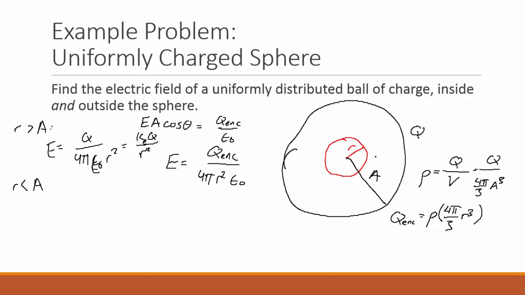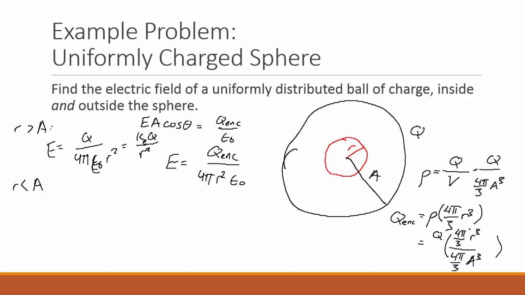Now if I plug in here for rho, the enclosed charge is equal to Q times 4 pi over 3 r cubed, divided by this factor, which is 4 pi over 3 A cubed.